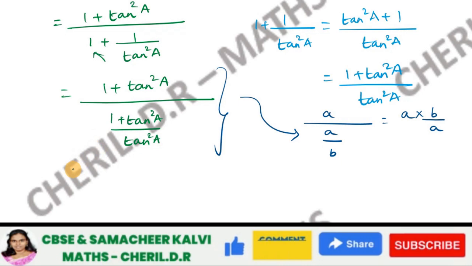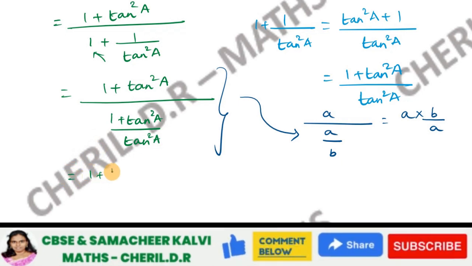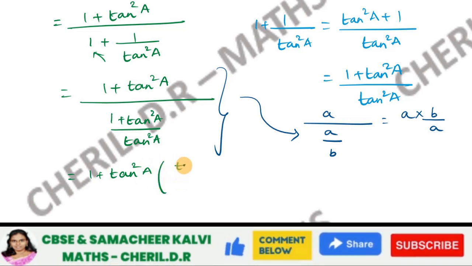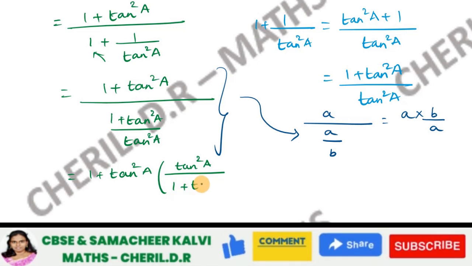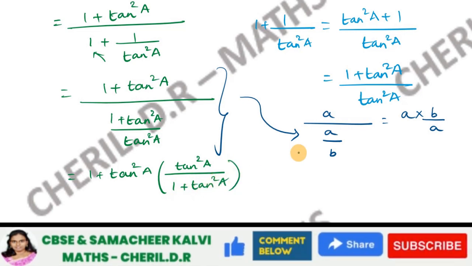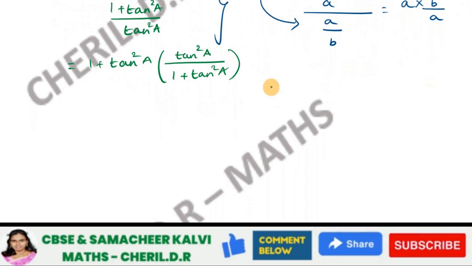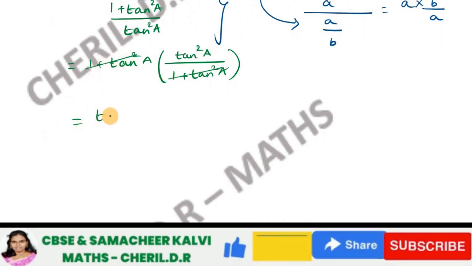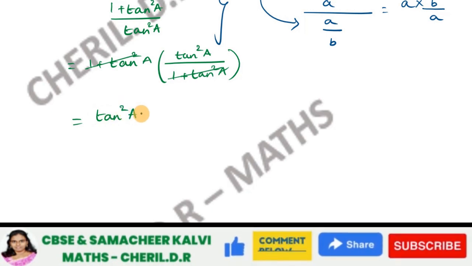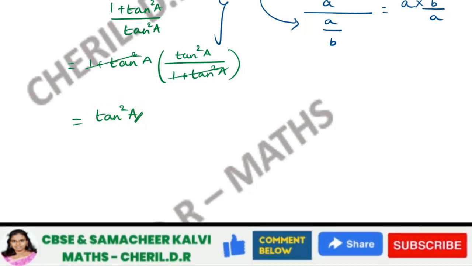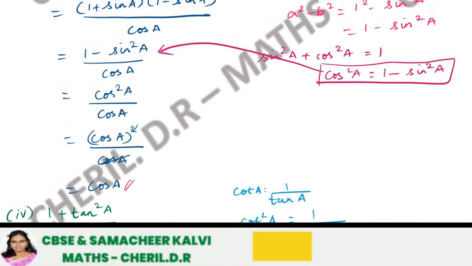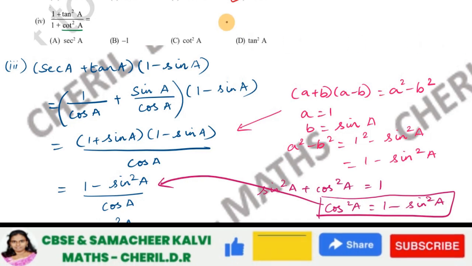So likewise, we are going to change for this also. So what will I get now? I'll get 1 plus tan square A into tan square A divided by 1 plus tan square A. So now 1 plus tan square A and 1 plus tan square A will get cancelled, finally giving me the answer tan square A. So this will be my answer, that is tan square A. Now let's go into the question and check if we have that option.